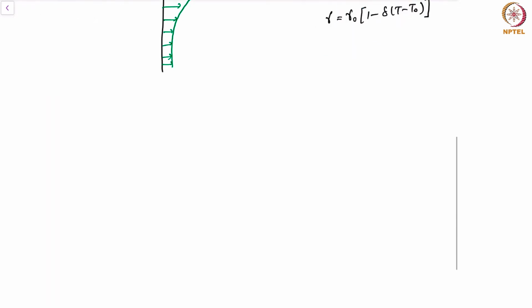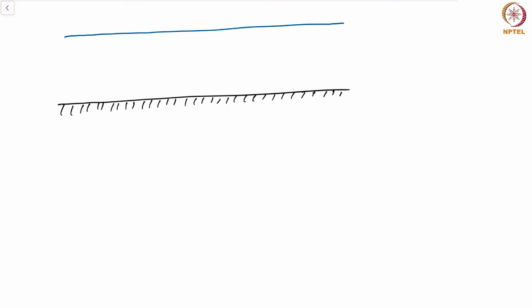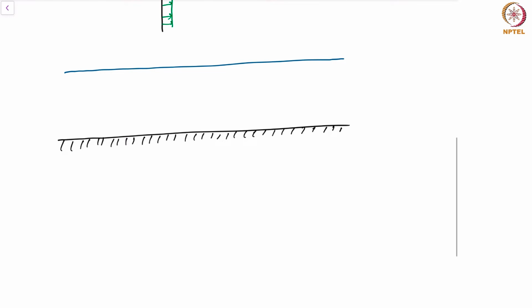Now this is one case where, because of heat along the interface, you could have a situation like the kind of experiment that Benard had set up. Let's assume a flat interface. Then we have a hot surface at the bottom, and on the top the temperature is fixed and cold.